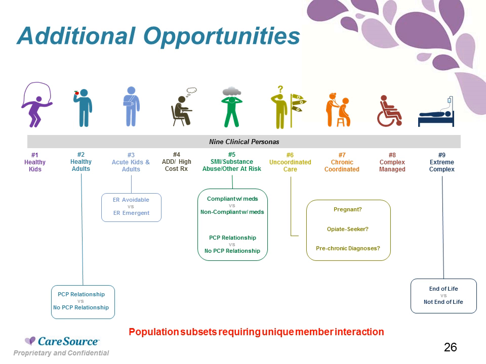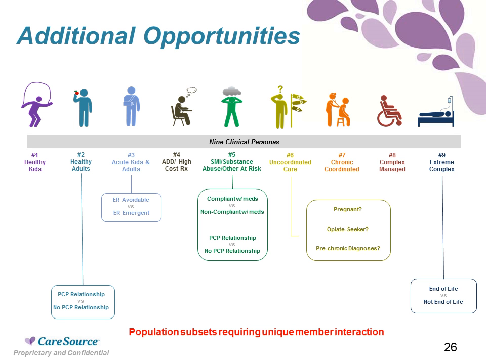So persona 6, uncoordinated care, a group of those, it's roughly 20%, are actually pregnant. So if we look at some of the examples that I walked through before, if you're pregnant, obviously we'll want to do something different with you than if you potentially are in a situation where you really have a chronic disease, but it hasn't been properly diagnosed and treated yet.